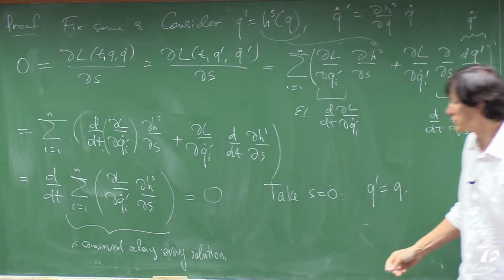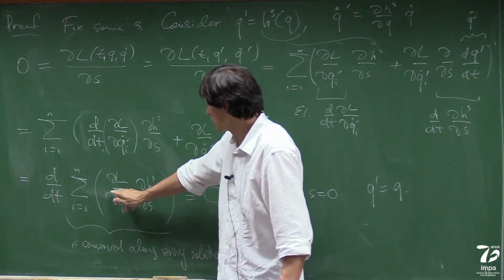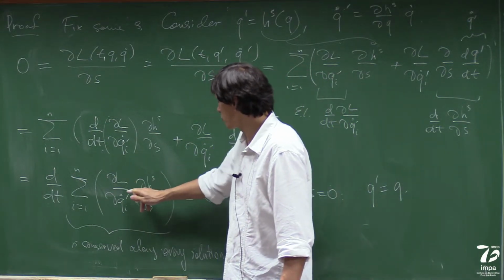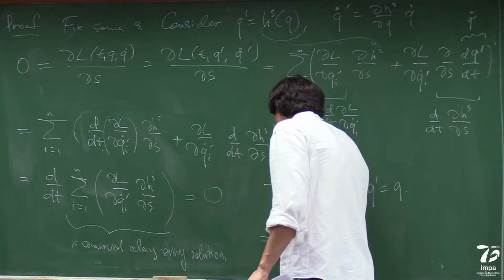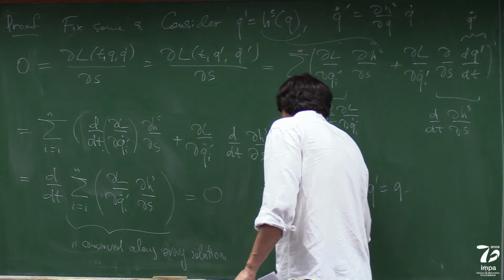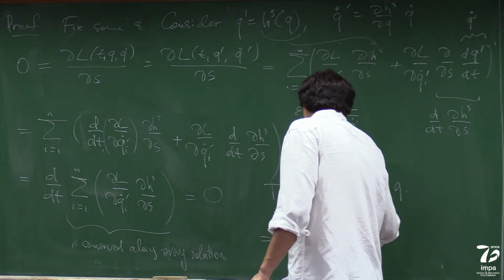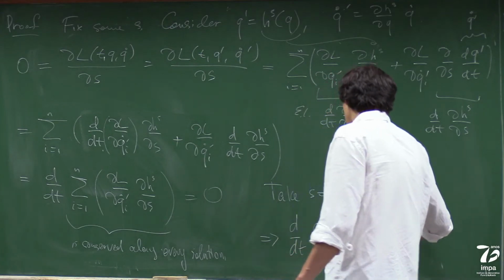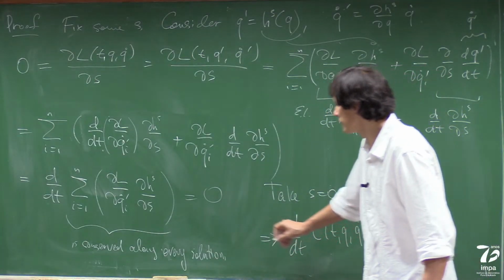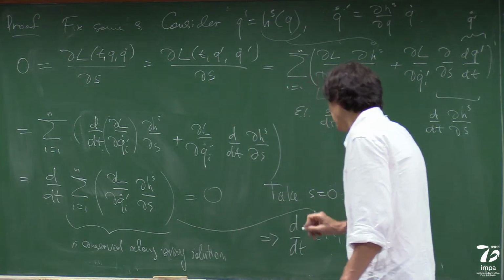So this gives you just a function of q dots, and this is a function of q. So this becomes exactly S, C.